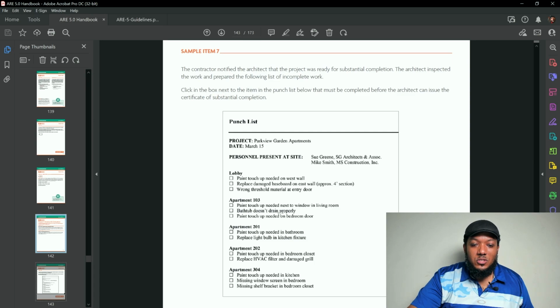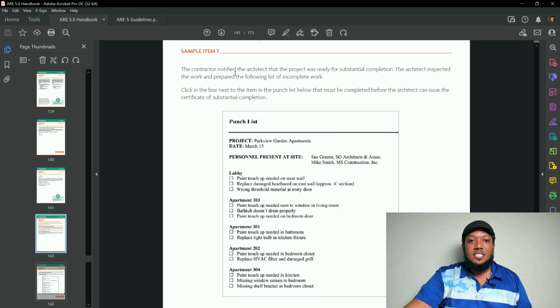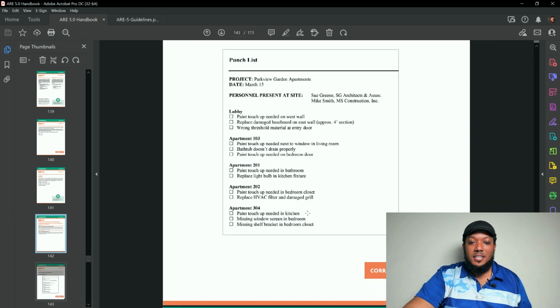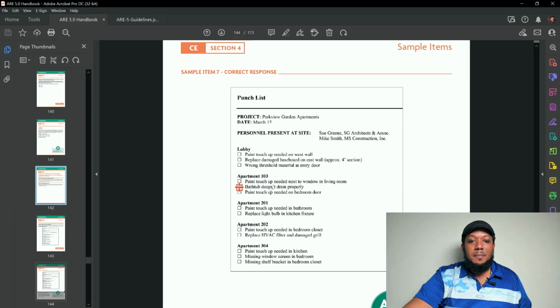However, drainage is dealing with multiple systems, and that's why in a question like this, where it says the contractor notified about substantial completion, the architect inspected the work and prepared the list of incomplete work, it's asking which thing must be completed before the architect can issue the certificate of substantial completion. A bathtub that doesn't drain properly is something you just get drilled into your head, because this requires multiple systems.